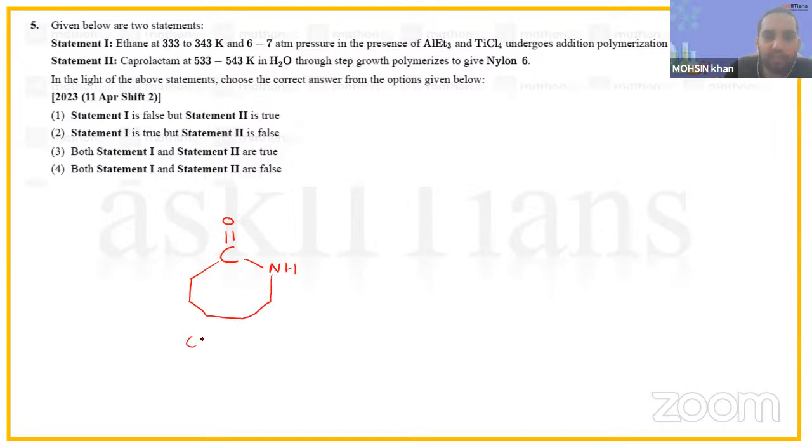So this is the structure of caprolactam.